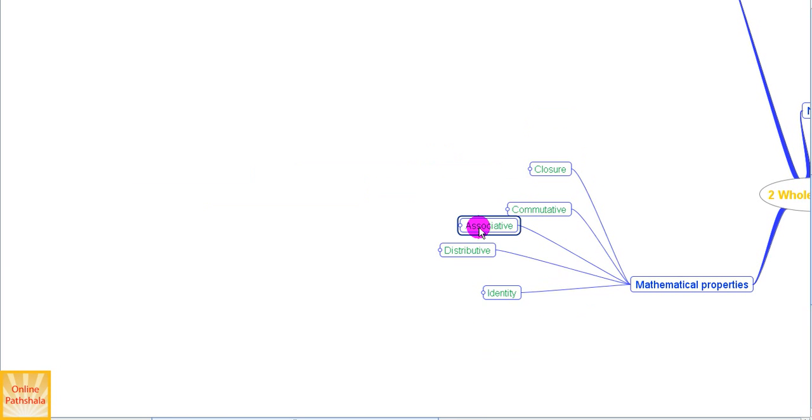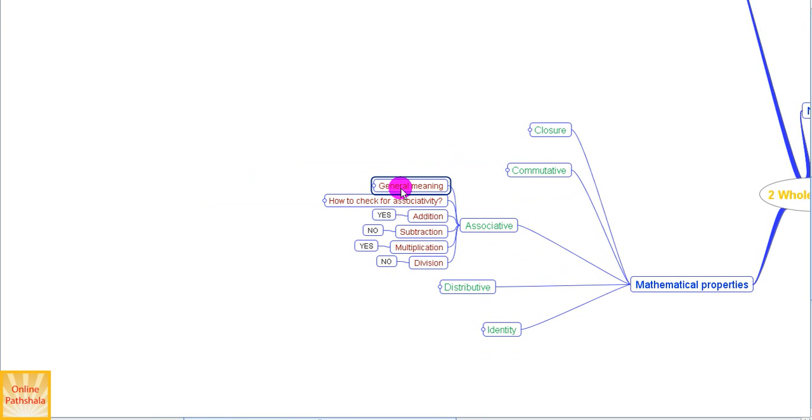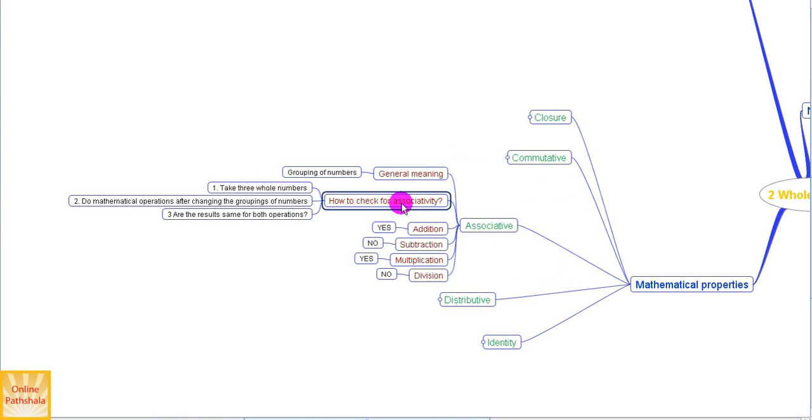Then we studied the associative property. The general meaning of associative property is related to the grouping of numbers. How do we check for associativity? We take three whole numbers and then do mathematical operations after changing the groupings of numbers. That is, we take a group of two numbers and do one operation, and then again we change to another group, and then we check if the results are same for both.